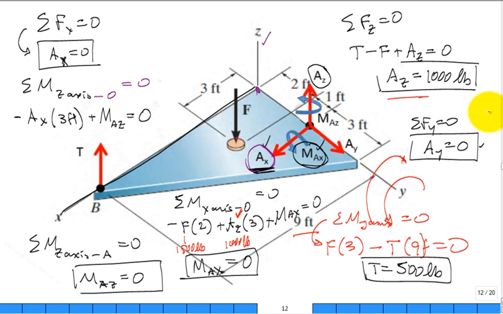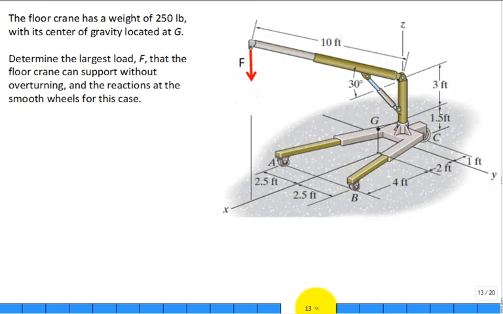So 1, 2, 3, 4, 5, 6. That's it. We're done. These problems don't end, but that's the way you get good at it, right?